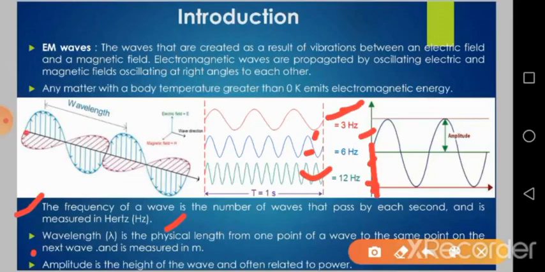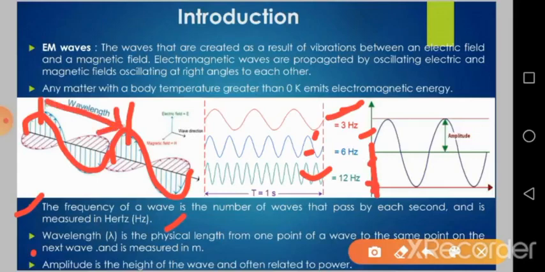For example, if you take wave number 1 and wave number 2, and mark the crest point of one wave and the crest point of another wave, then the physical length between these two crest points is termed the wavelength. It is indicated with the symbol lambda and is measured in meters.